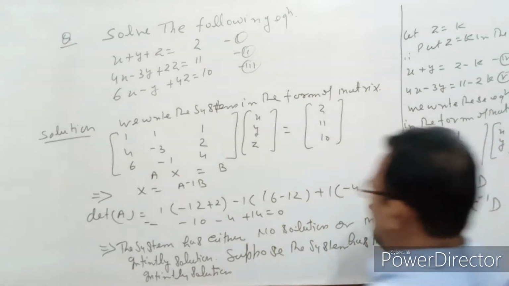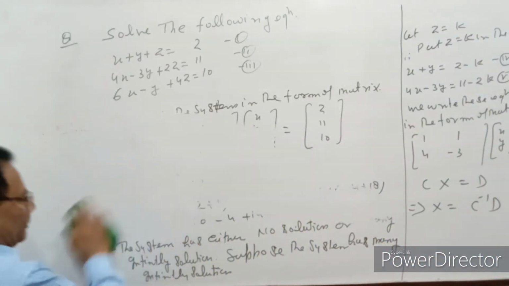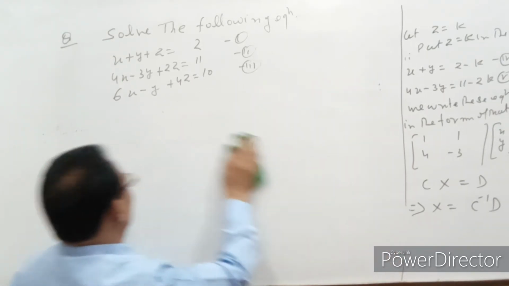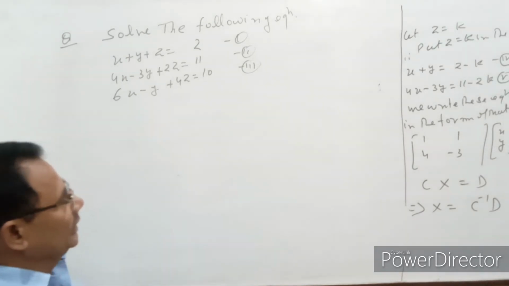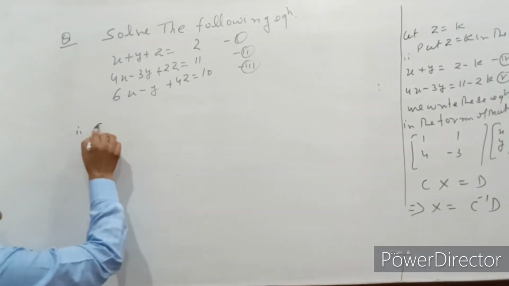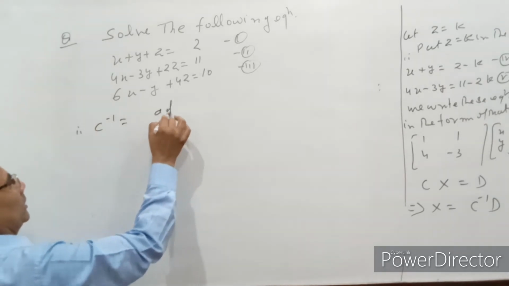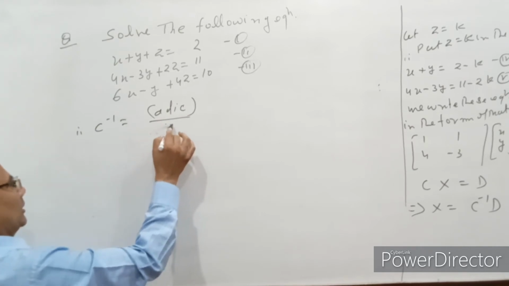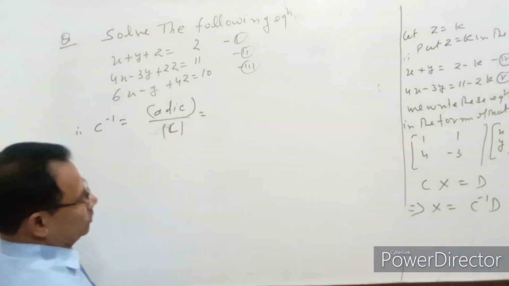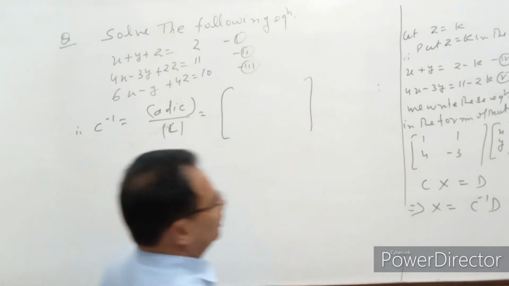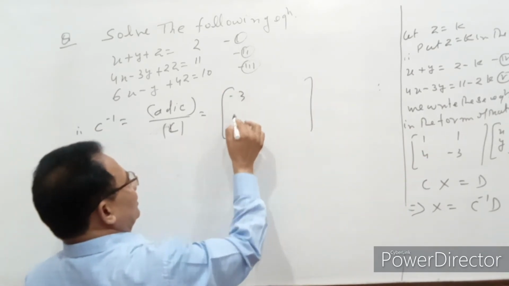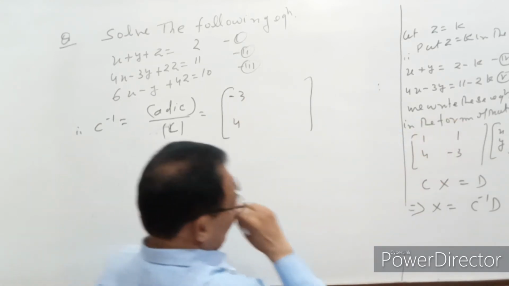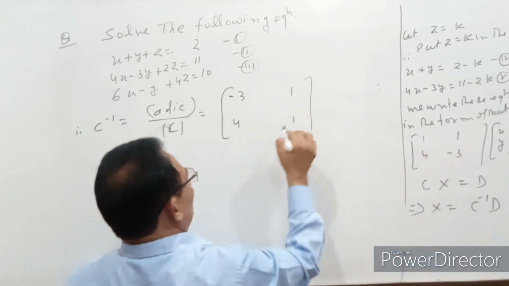Yes. So therefore, here we find the value of C inverse. And if we look here, the value of C inverse is equal to adjoint of C upon determinant C. And this is equal to -3, 4, 1, 1, minus.